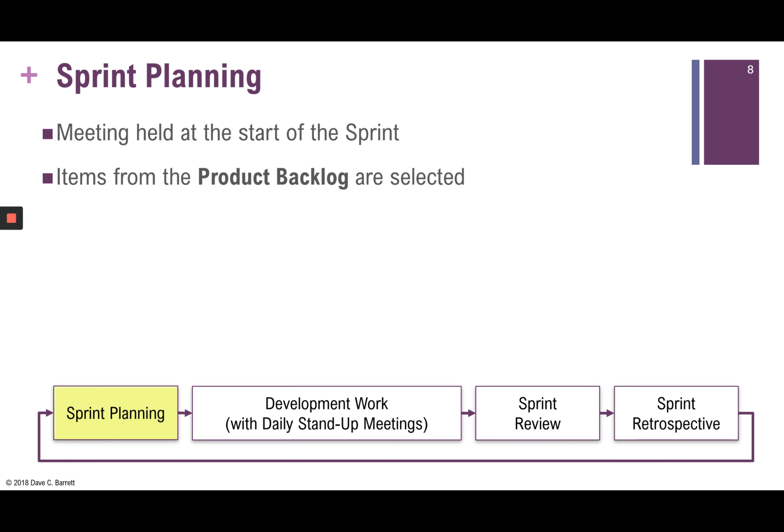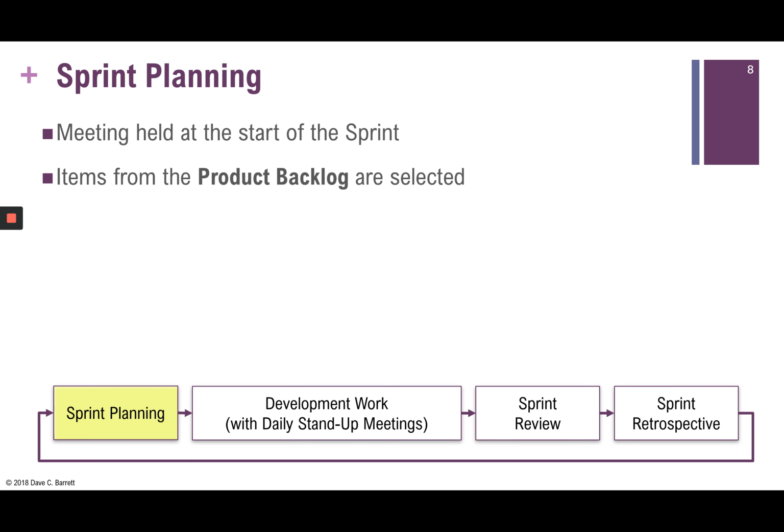The product backlog are all of the things that the business would like possibly implemented as part of this project. Now, normally, the number of items on a product backlog far exceed what can be done in any one sprint. So at best, we can select some of them. And so that is the purpose during the sprint planning meeting.